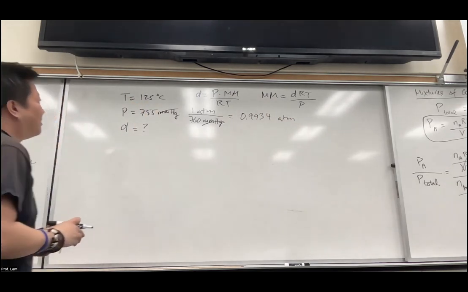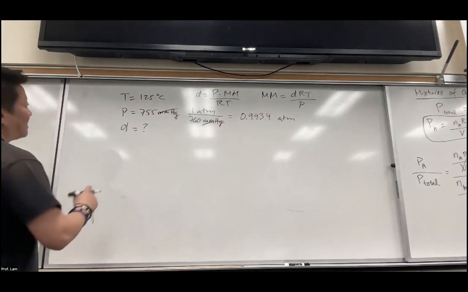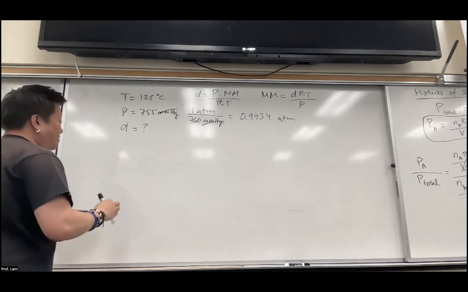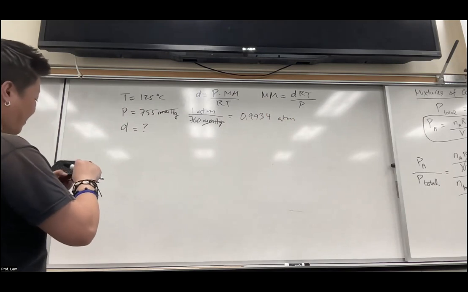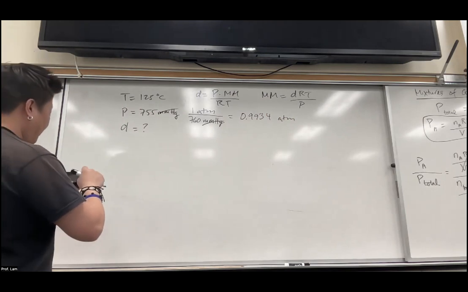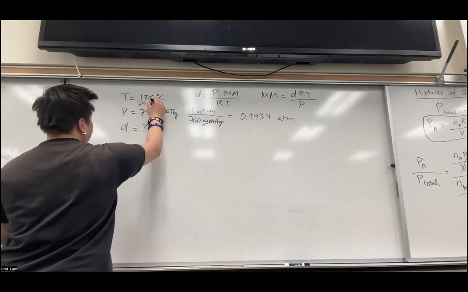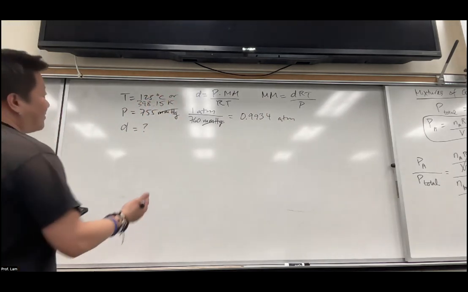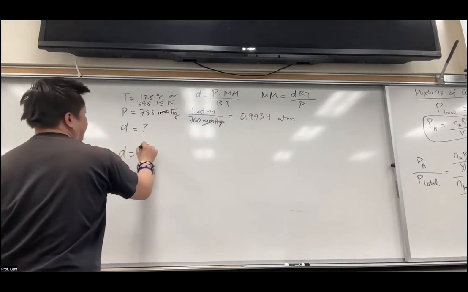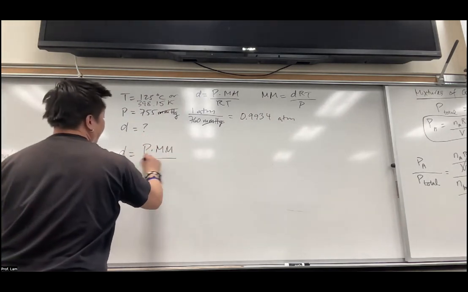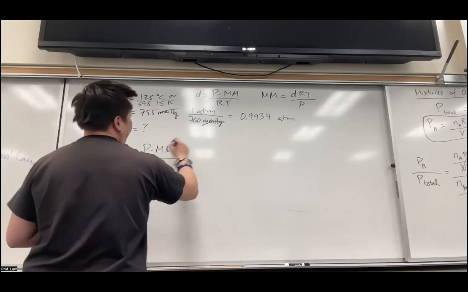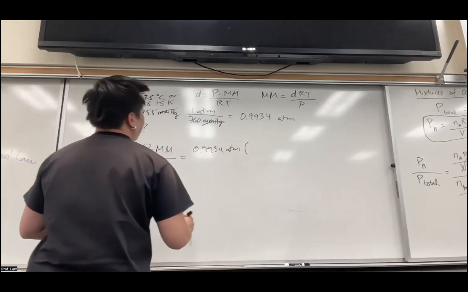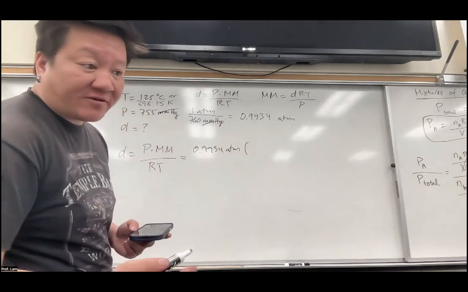Your Celsius needs to be in Kelvin, so you have to add 273.15. That's 125 plus 273.15, 398.15. All right, so now you can just plug it in. D is equal to pressure times molar mass over RT. Pressure is 0.9934 atm times the molar mass of nitrogen gas.